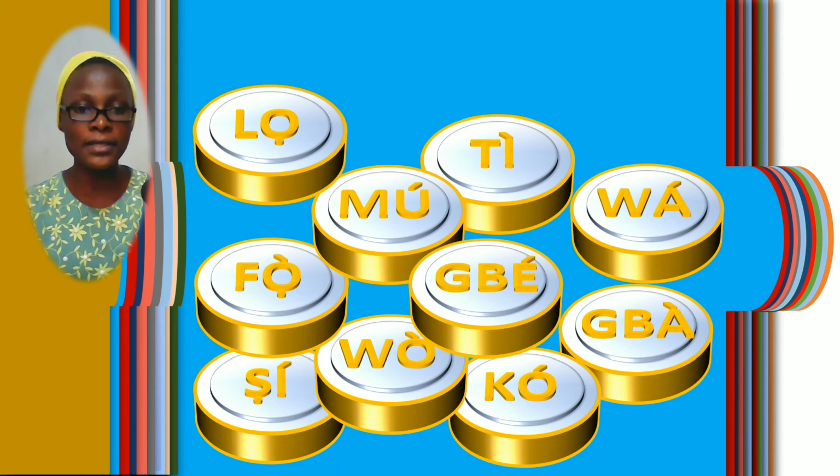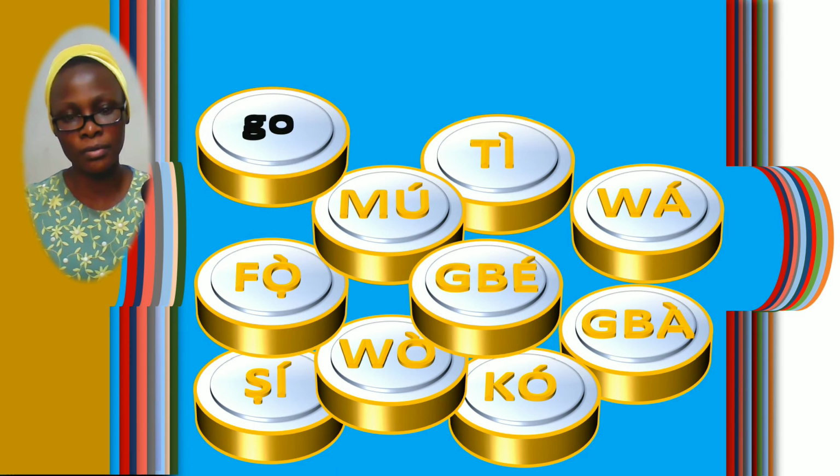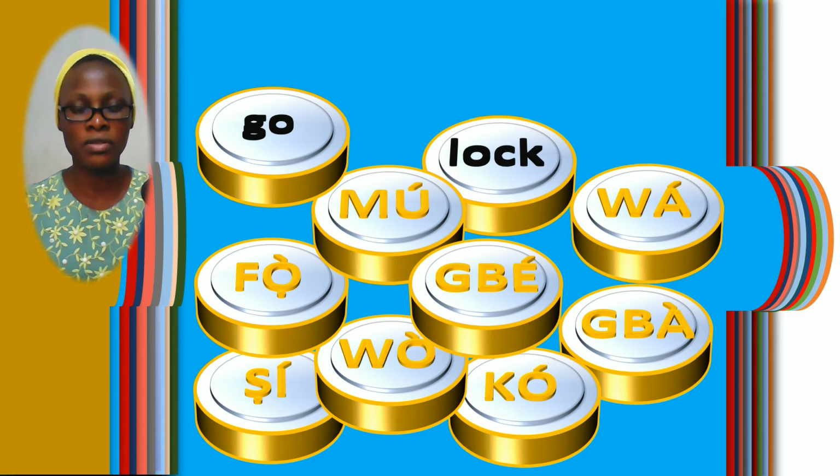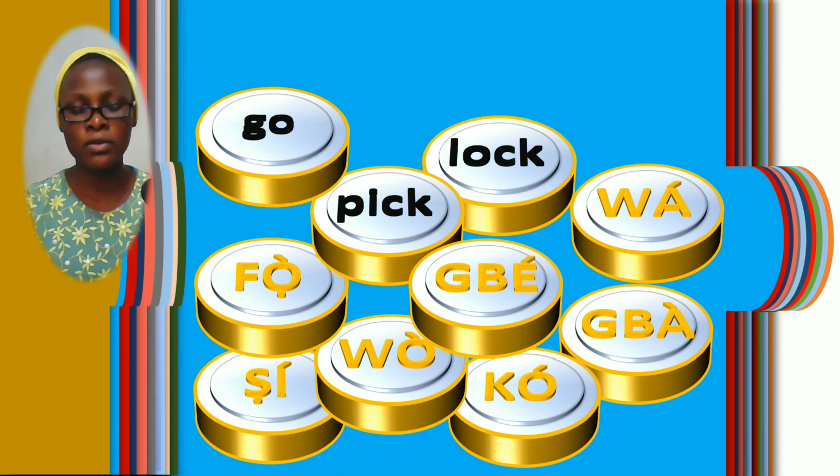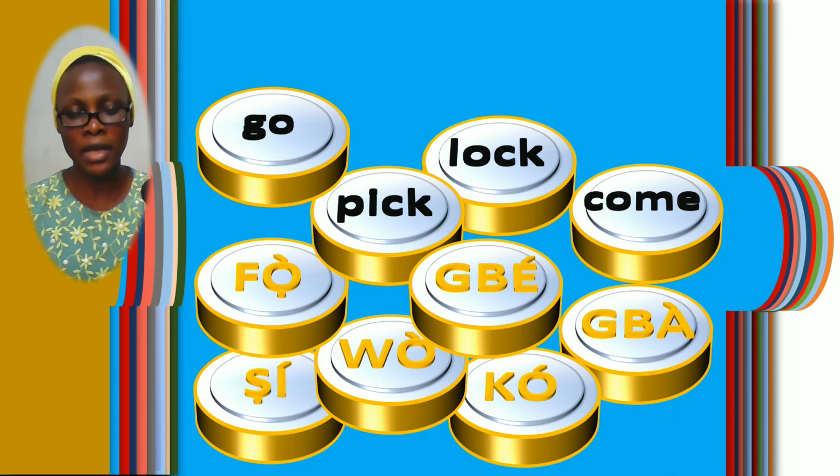Okay, so now this is love and love is God. I hope you still remember. This is T and T is lock or close. Okay, and this is mu and mu is pig. Okay, this is wa. I believe you still remember that. And wa is car.